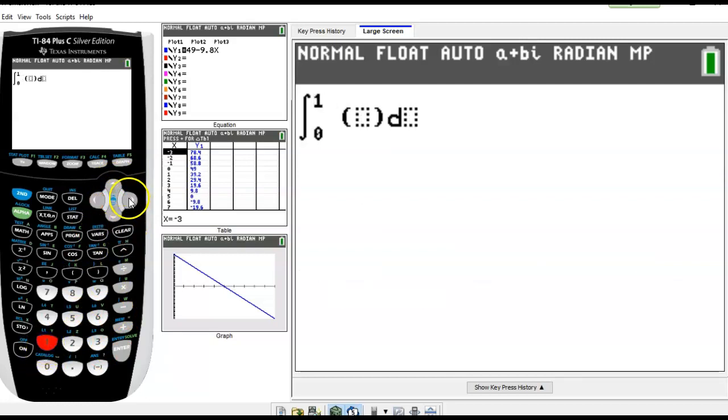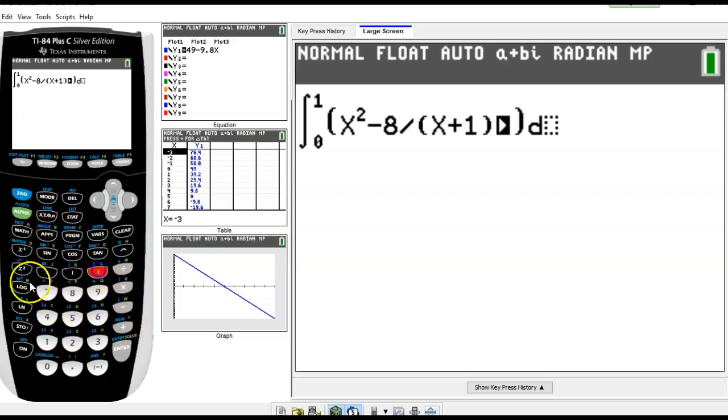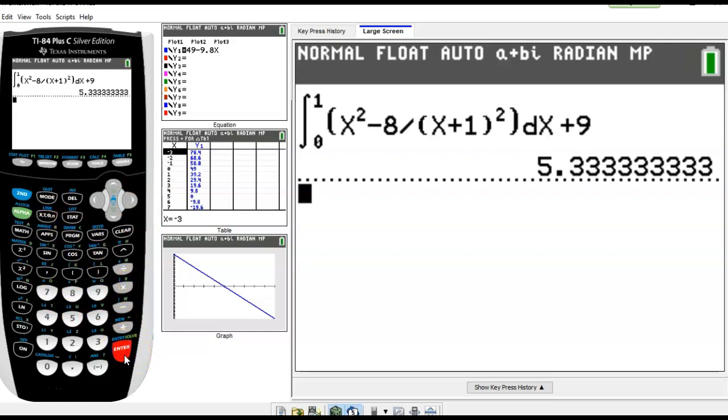Zero to 1. Then what we got to do is x squared minus 8 divided by, did you put parentheses around your denominator? X plus 1 squared, right? Then with respect to x, and then we're going to add 9 to that. There's your 5.3.